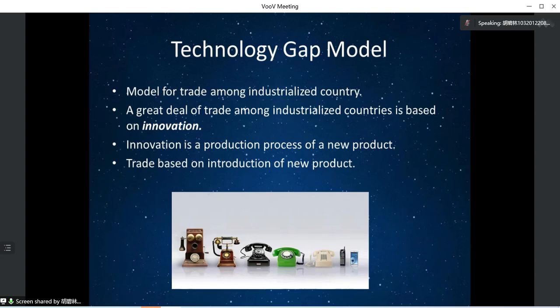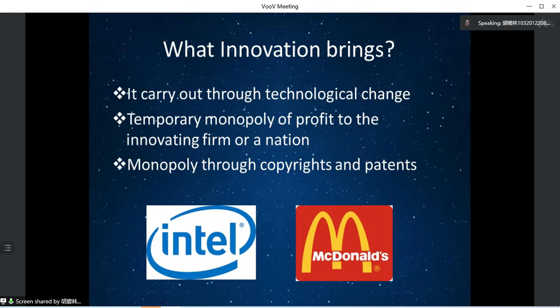When we talk about innovation, it is carried out and produced through technological changes. During the changes, there will be a monopoly, but this type of monopoly won't last long, so we call it a temporary monopoly. During this stage, they will create profit for the inventor, or even a company or a nation.